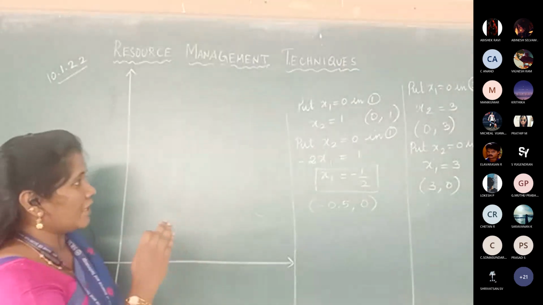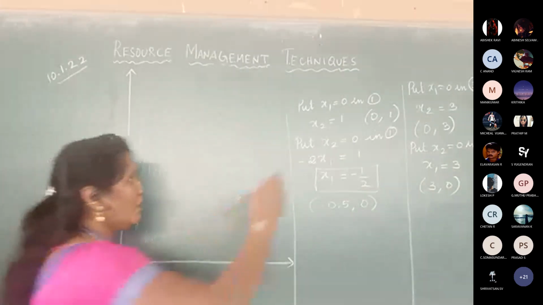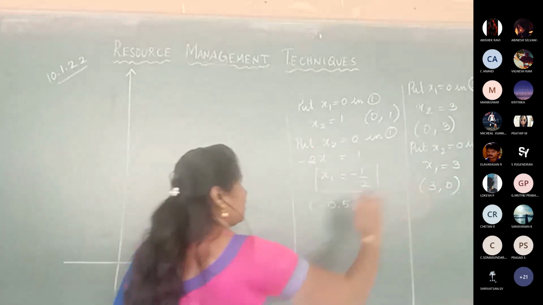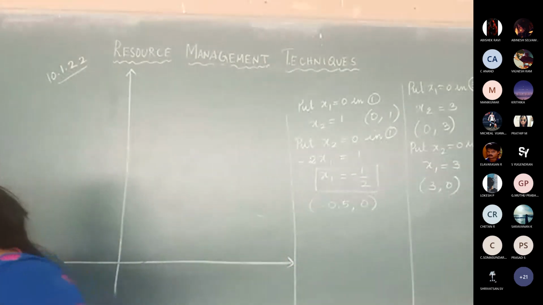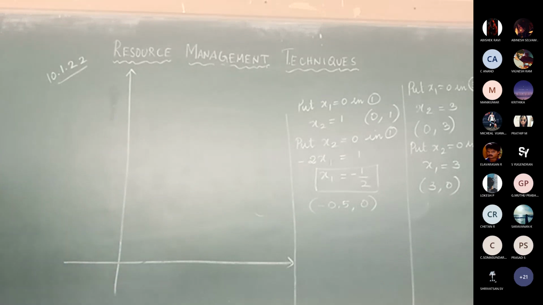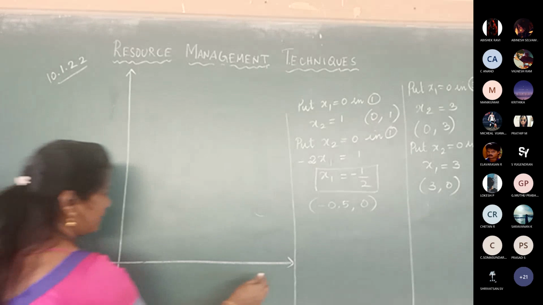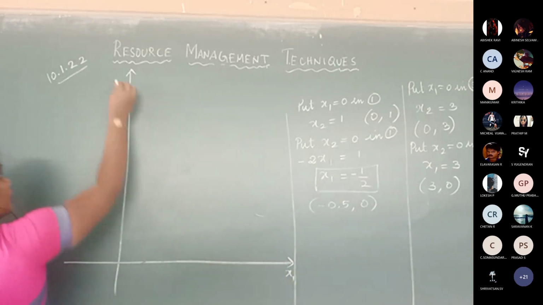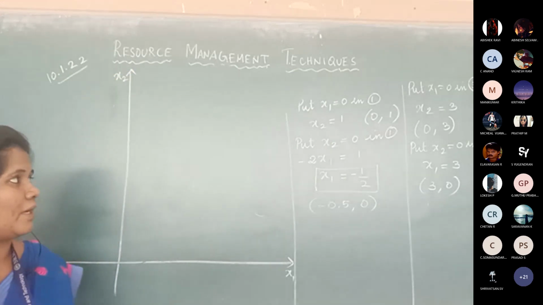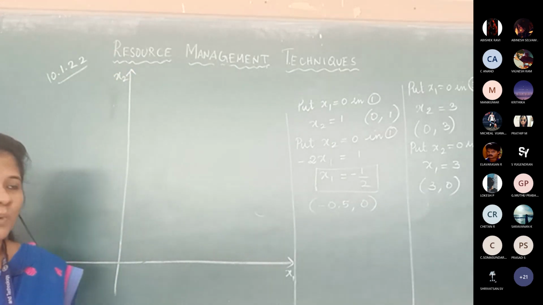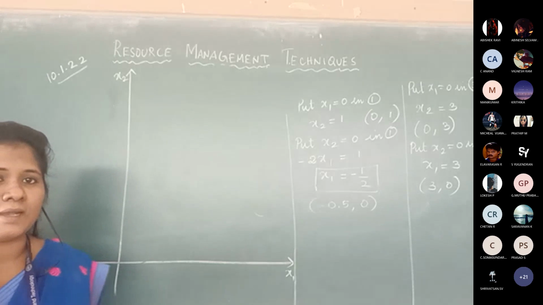Since your values are lying between 1 and a maximum of 3 only, I will take this as x1 and this as x2. Your values are only for your x1 and your x2, so in your xy plane, you change it to x1 and x2.